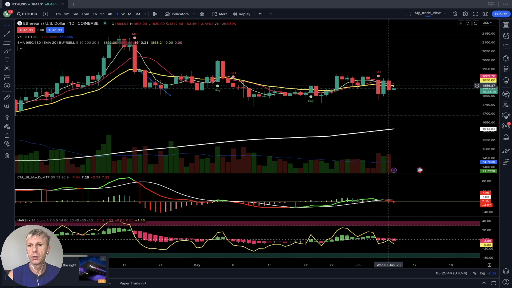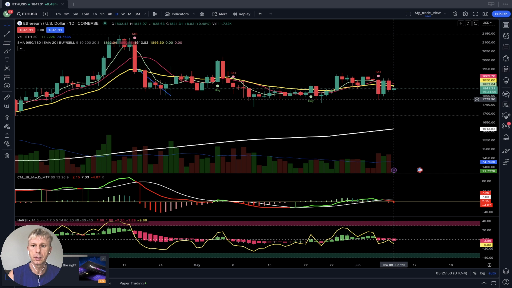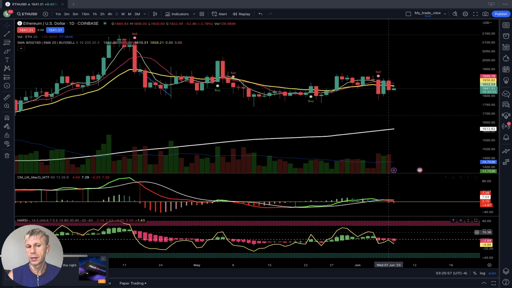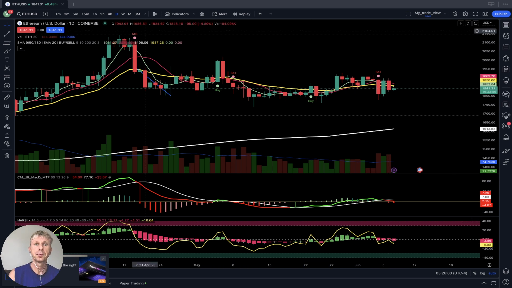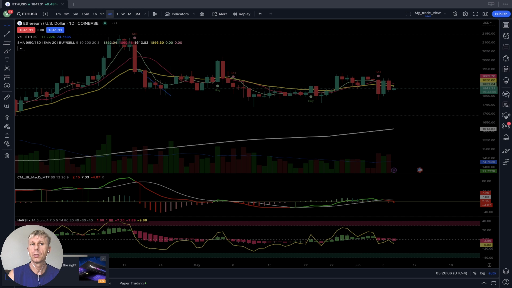Now 5 is below 20, it is bearish, and the last bar is below 20. It is a bearish position, bearish crossover, bearish reversal signal. MACD red, bearish reversal signal, and Heikin-Ashi red and RSI below. Bearish trend direction on all indicators for Ethereum on the daily time frame.